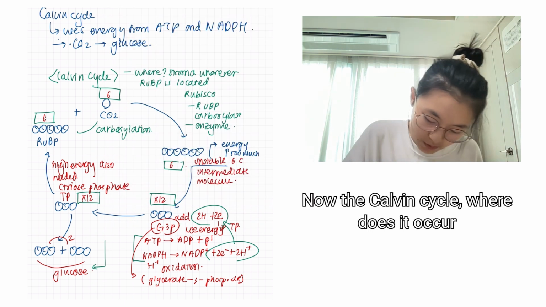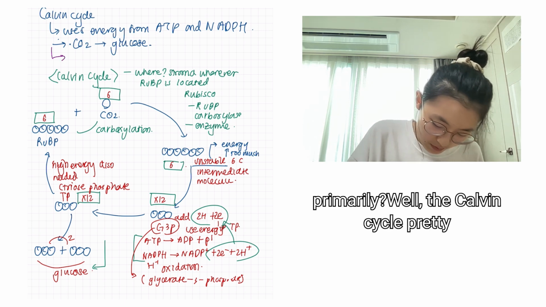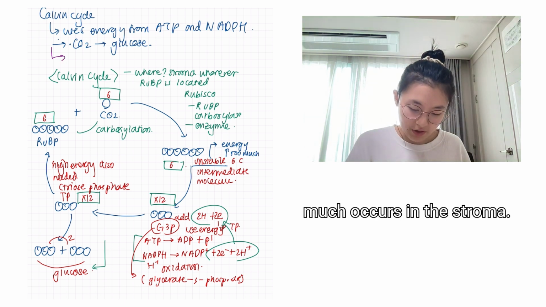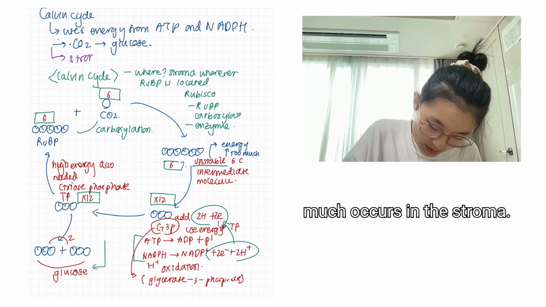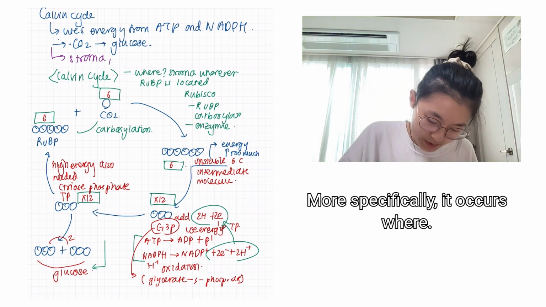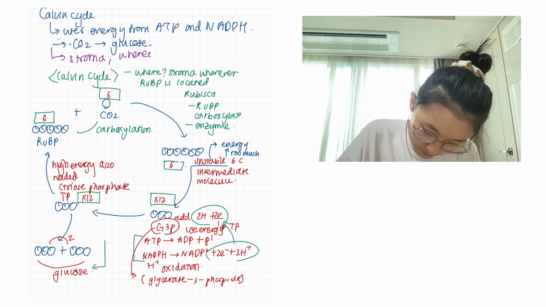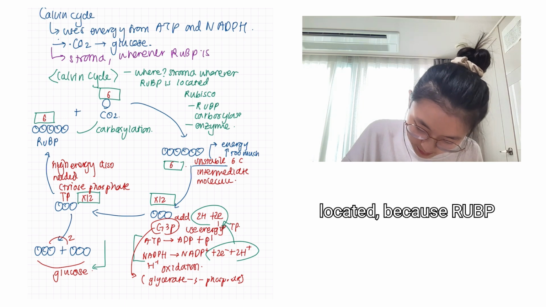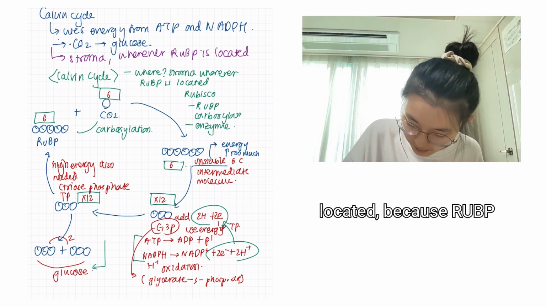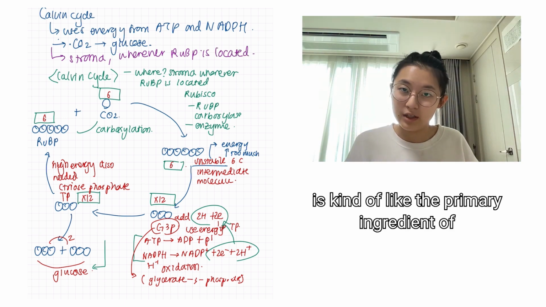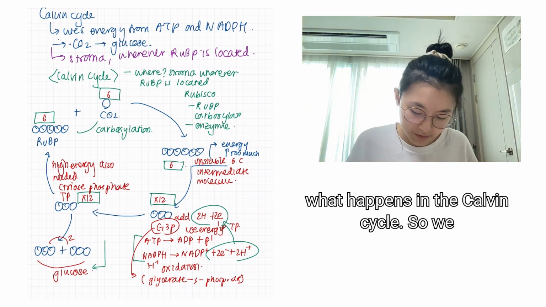Now, where does the Calvin cycle occur primarily? Well, the Calvin cycle pretty much occurs in the stroma. More specifically, it occurs wherever RuBP is located, because RuBP is kind of like the primary ingredient of what happens in the Calvin cycle.